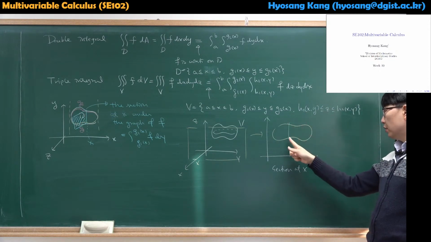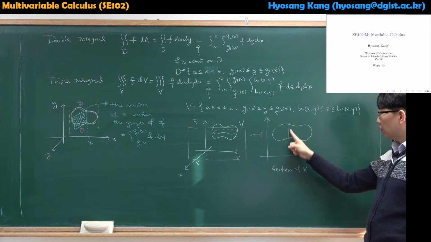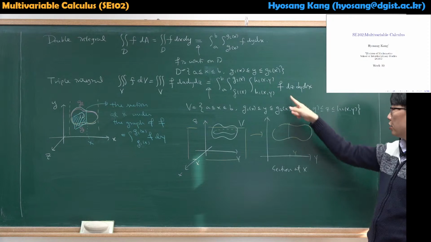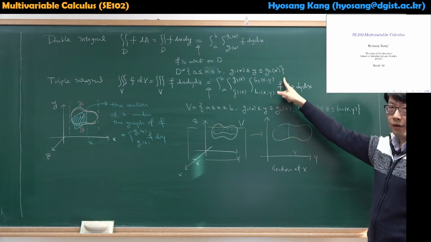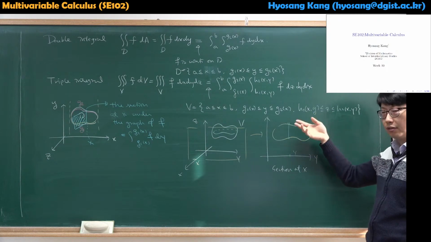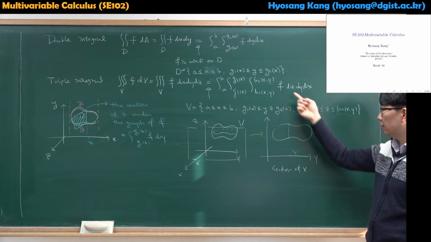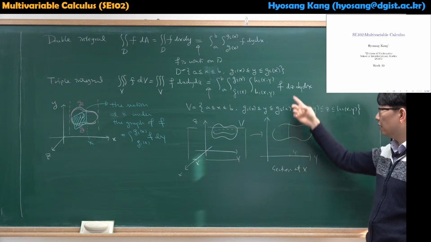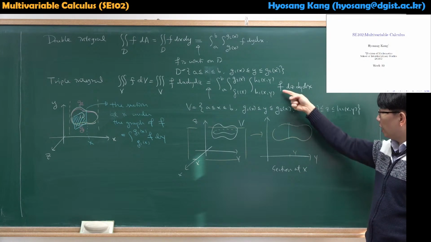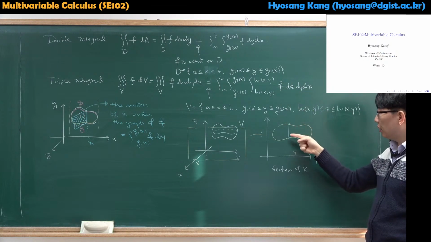First, I take the integration over the z-axis, so I get the integration over this line segment. When I take the integration, I take the value of the function and multiply that with this line segment. I'm not just multiplying the value with this length. I'm taking integration. For each small line segment, I'm taking the value of the function at that point and then integrating.